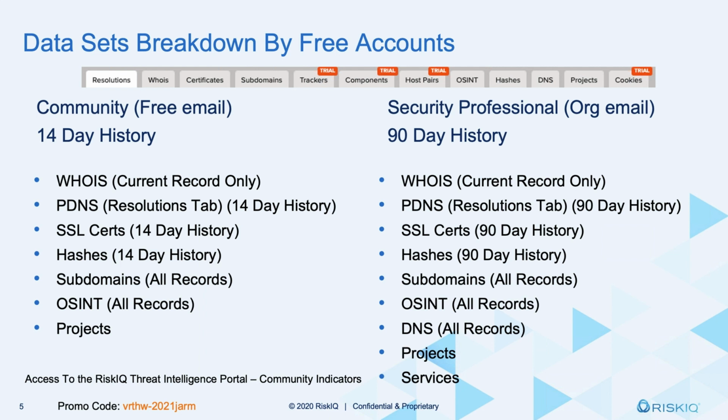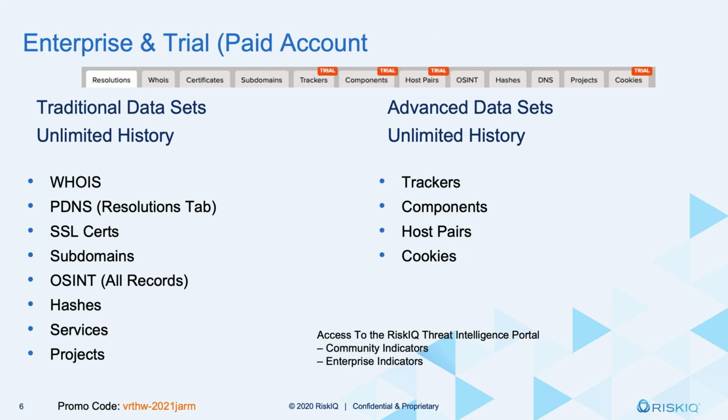Now, here's the breakdown between the number of days that we just talked about. And with the enterprise, you have access to everything, all the information. Now, if you're in a trial or using the enterprise, when you view some of the articles that we're going to go through and talk about, sometimes there are RiskIQ indicators in there.